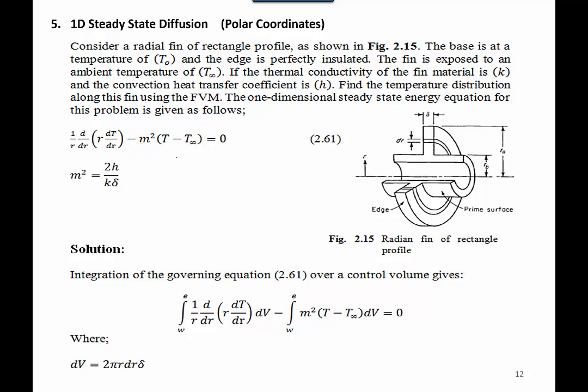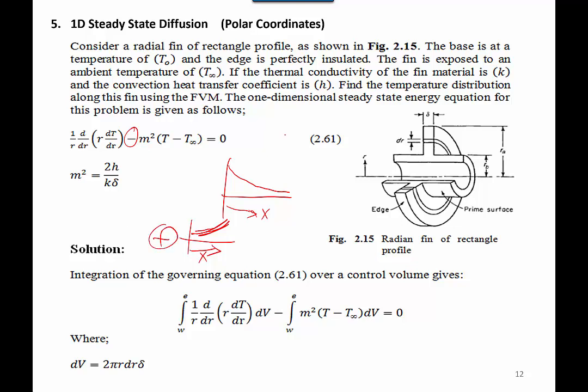Heat sink means that if this is a fin, the temperature of the domain will decrease with the increase of x, and it will take the minus sign. If the temperature will increase in the direction of increase of x, it will be a source term, and therefore this will take the positive sign.